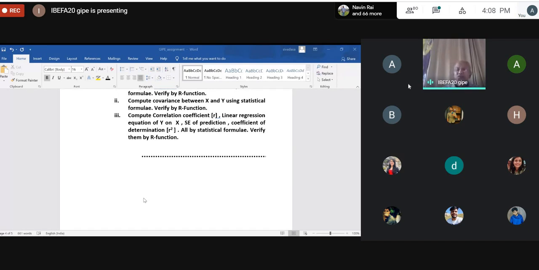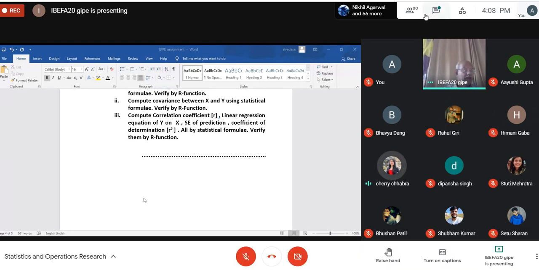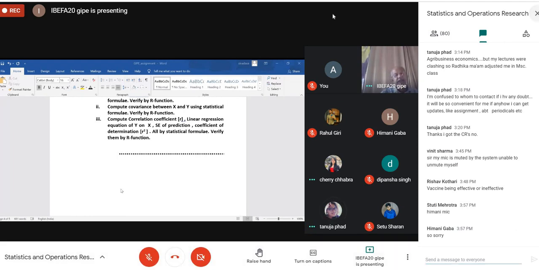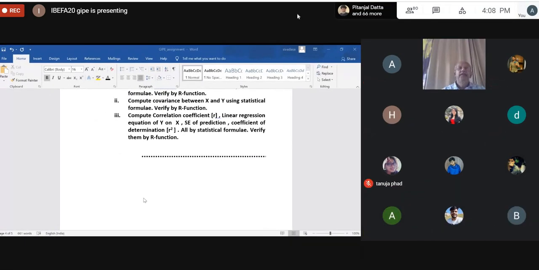So who knows this RStudio, please? Sir, even I'm using RStudio. Yes, those who are comfortable with RStudio. Even I am using RStudio, sir. And me too. So shall I continue my next sessions on RStudio? Sir, it is more friendly, I think. Yeah, it is easier to understand with everything there.